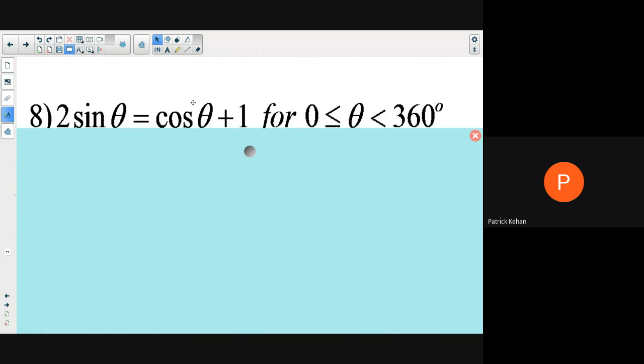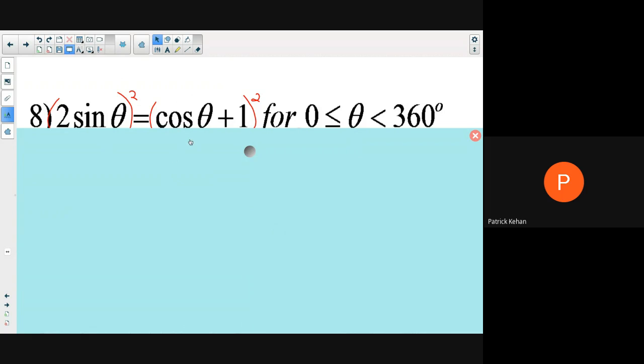And when we do that, we'll create a sine function squared on the left, and on the right, we'll square the entire side, cosine theta plus 1, which will create another trig function squared, cosine squared. You just need to be careful when you do this, because when you're squaring both sides, you have to make sure you distribute both of the factors together appropriately.